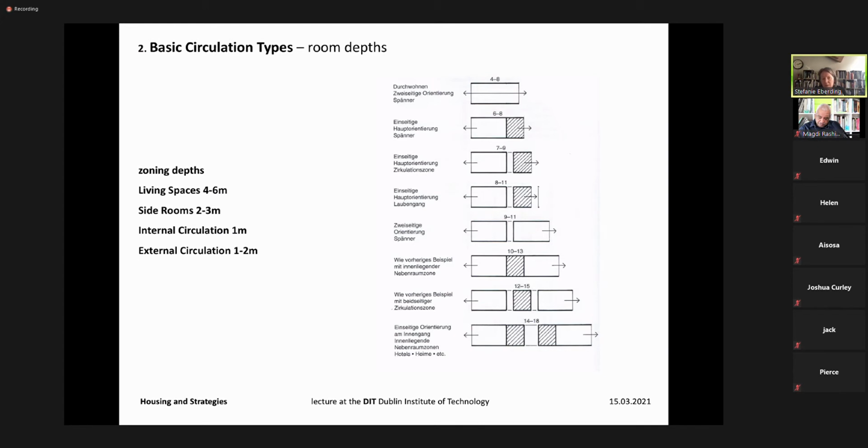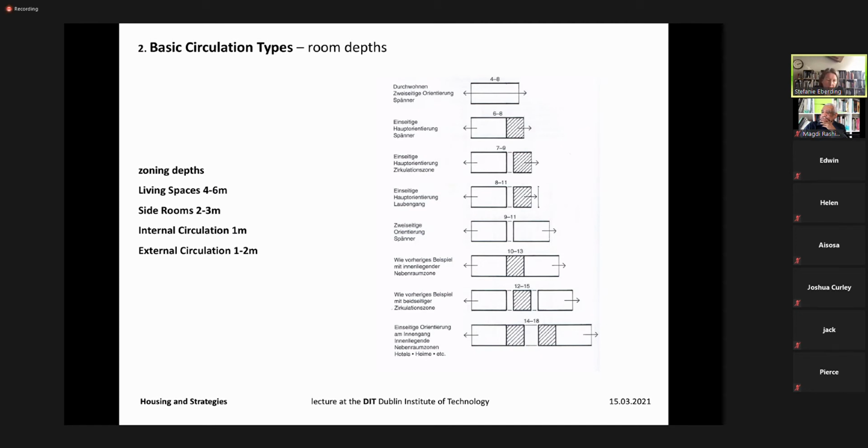Side rooms should be 2 to 3 meters. They can lie deeper. And for the internal circulation in the apartment, you take 1 meter as moving zone. And for the external circulation, you start between 1.5 to 2 meters.